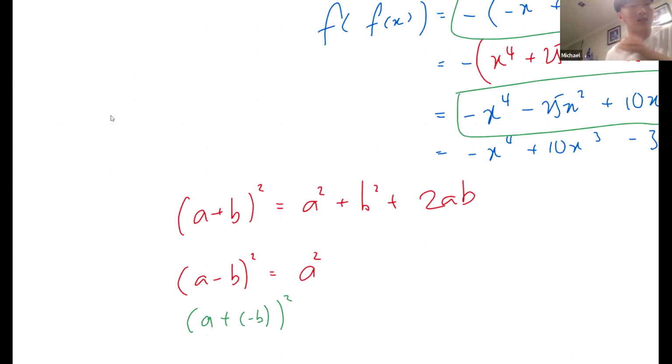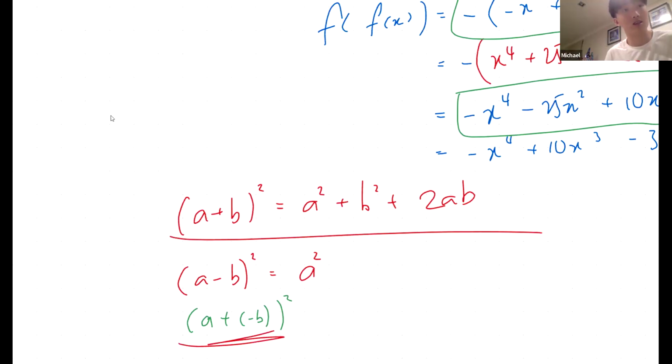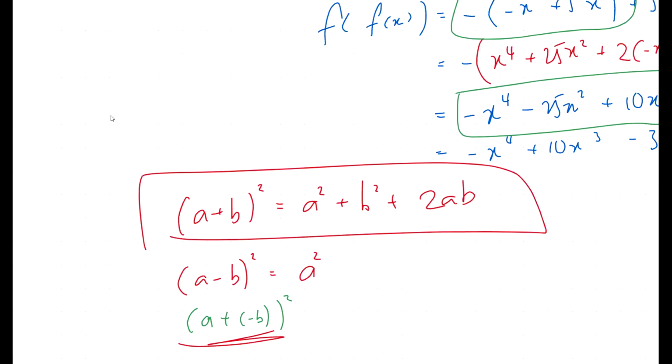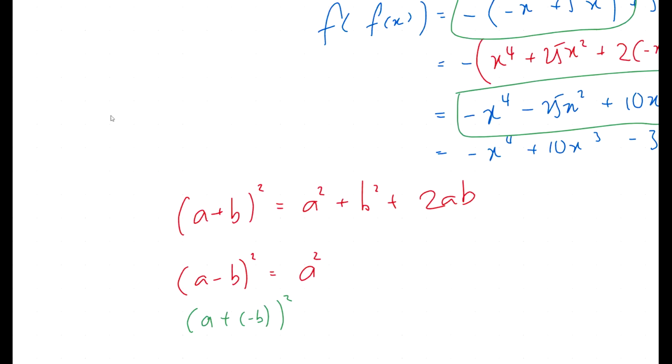So if I make it plus minus b instead, you can treat this b like a minus b, so you can apply the first formula straight away. Minus b squared is still b squared, but the minus b will make a minus sign here.